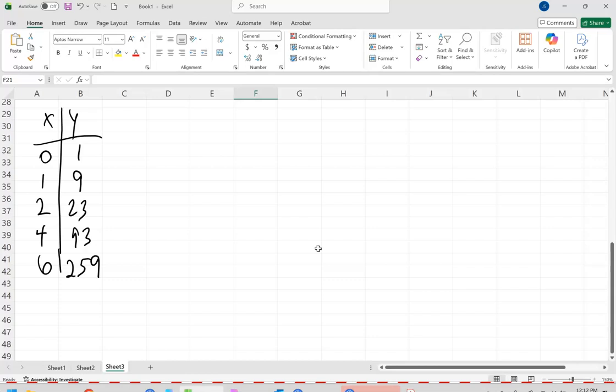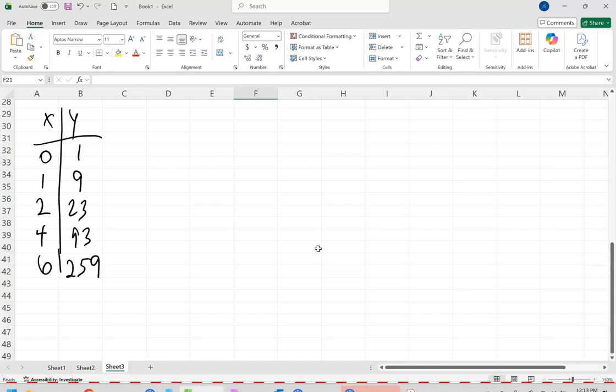The next coefficient will be 14 times x minus 1. Good. And finally, x minus 1, x minus 2. Good. All right, so that would be our polynomial, right? 9 plus 14 times x minus 1, and then the rest.